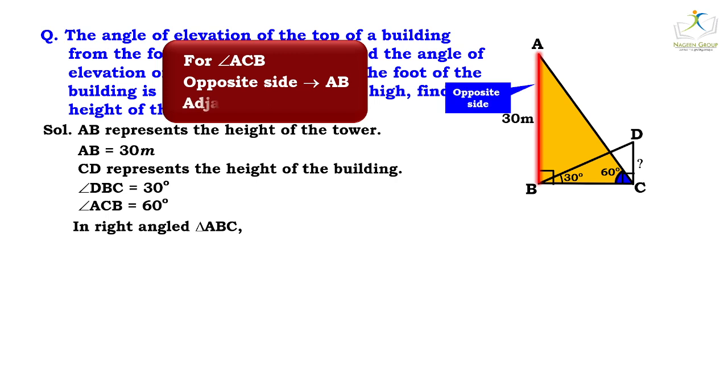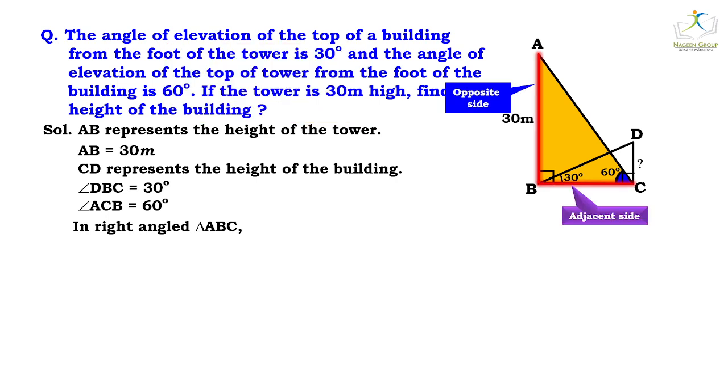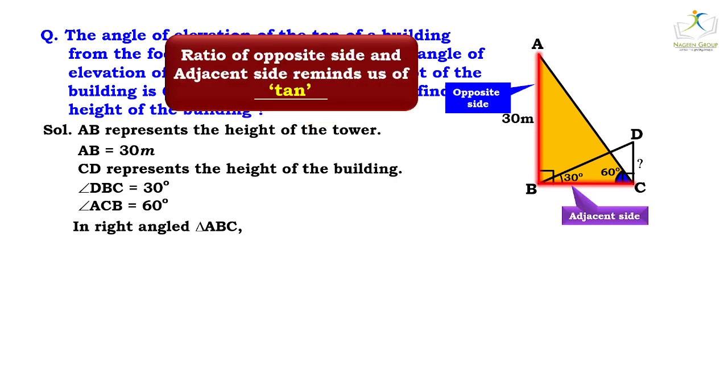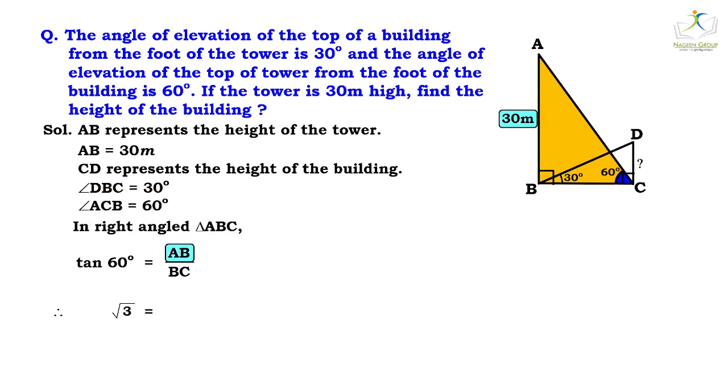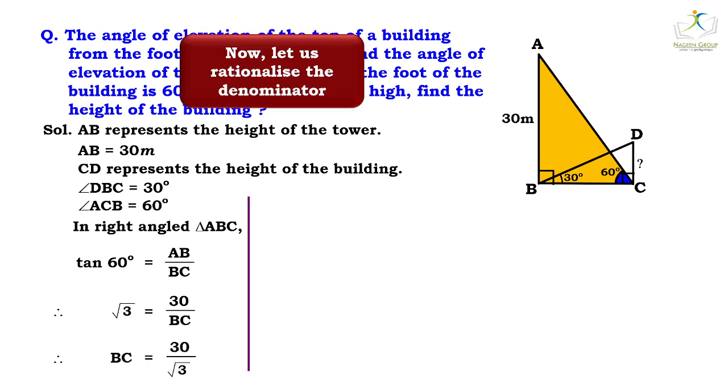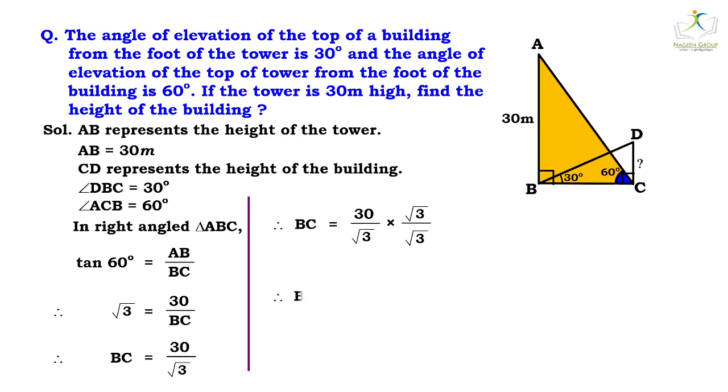Now opposite side is 30, adjacent side we need to find out. The ratio is tan 60, perpendicular by base. tan 60 value is here root 3, AB is 30, BC we need to find. BC comes equal to 30 by root 3. 30 by root 3 से multiply root 3 से divide, 30 root 3 by 3, आंसर आ गया 10 root 3.